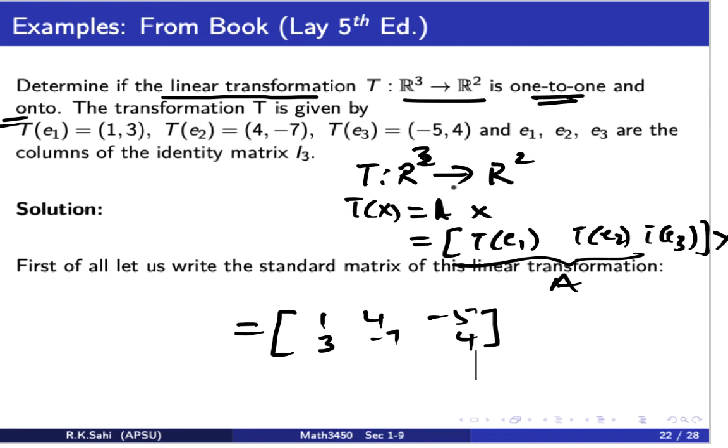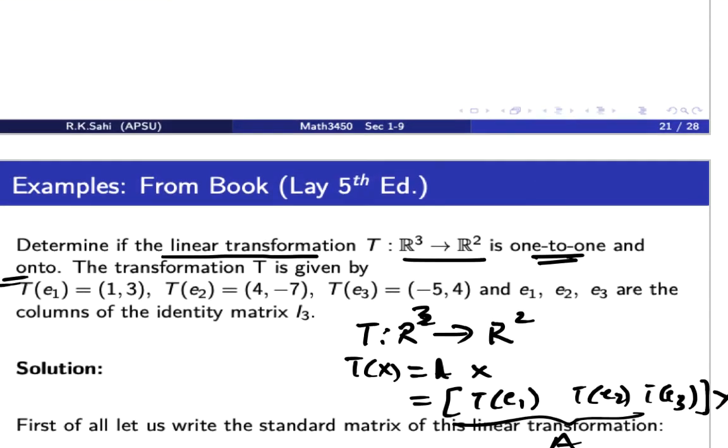Remember, we just talked about this: if it is one-to-one, that means T of x equals b will have a unique solution or no solution. And if it is onto, let's go back over here.